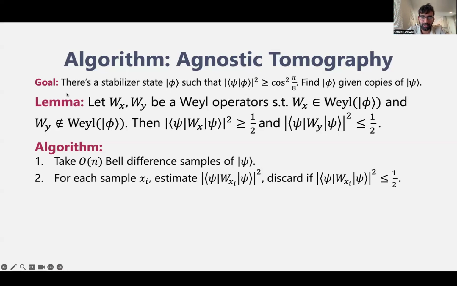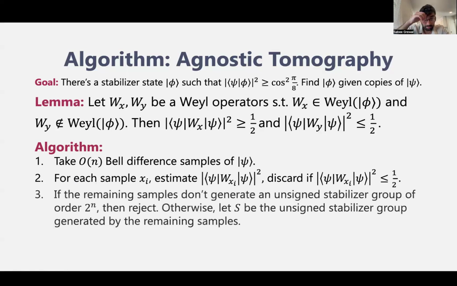So the lemma that's still on the slide here tells us that we're throwing away the Weil operators that are not in the unsigned stabilizer group. Okay, so at this point, we can check whether the remaining samples generate an unsigned stabilizer group. If the remaining samples don't generate an unsigned stabilizer group of order 2 to the n, if we discarded too many samples, then our algorithm will just reject.